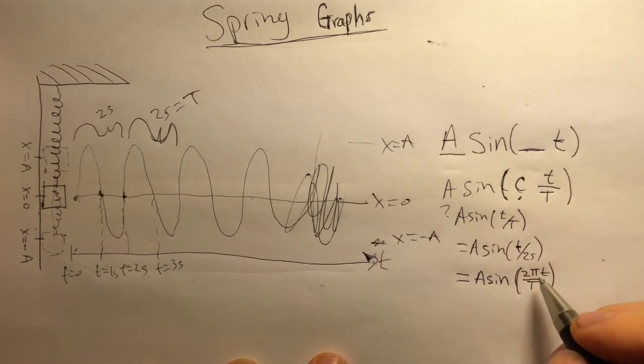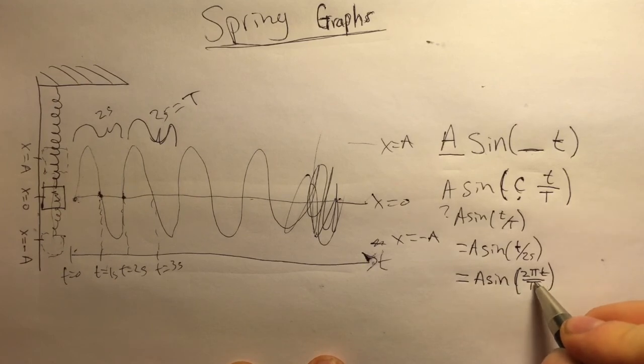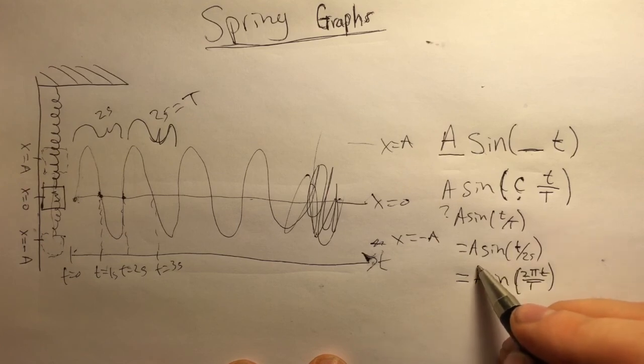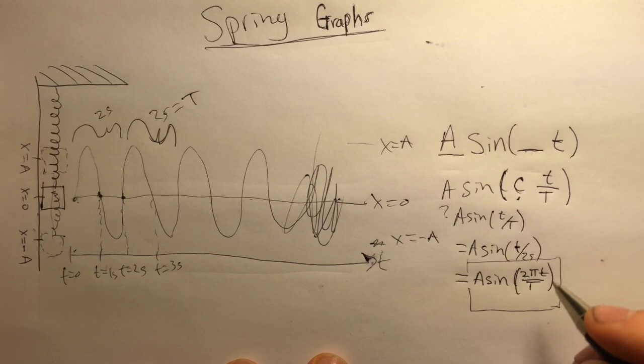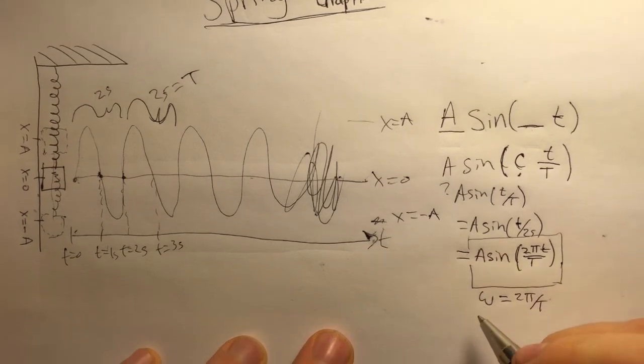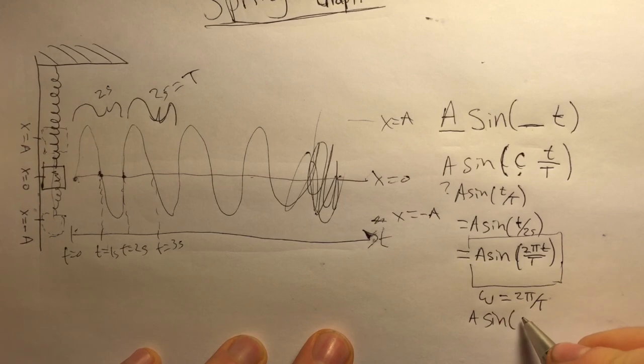So this means when t equals 1 second, we're going to have a 1 up here, and we'll have our 2 down here, so this 2 cancels with that 2, and we'll have a sine of pi. So this is actually the right expression for the position of our oscillator. And remember that omega is equal to 2 pi over T. So that means that our function is a sine of omega t. So that's where the omega comes from.